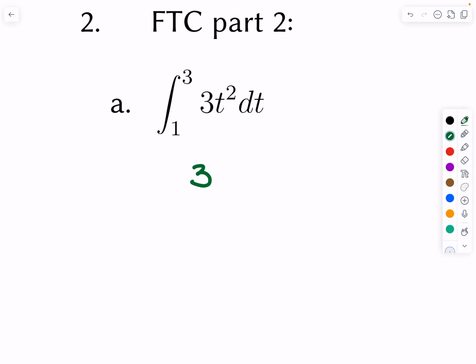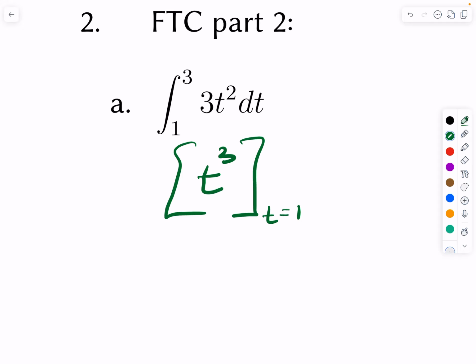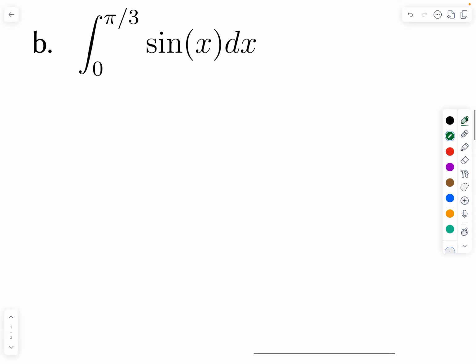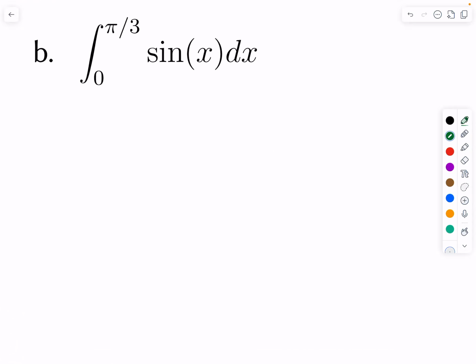So we do this, t cubed, and we're evaluating this from t equals 1 to t equals 3. And so that gives you 3 cubed minus, do the upper limit first and then the lower limit. And so that's 27 minus 1, which is 26, done. Yeah, so this is like the easiest thing in the world. And then this one, just a little bit harder because you have to know your unit circle, but it's not that bad. Antiderivative of sine is negative cosine.